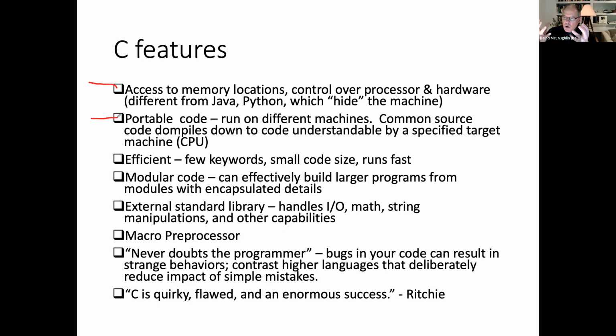How does the same code, which has an understanding of the memory locations, work on different processors? Well, you have to take pains and write the code the right way so that it can be compiled to different target machines and actually run on different processors. You have to be deliberate in doing that. But C can be portable.